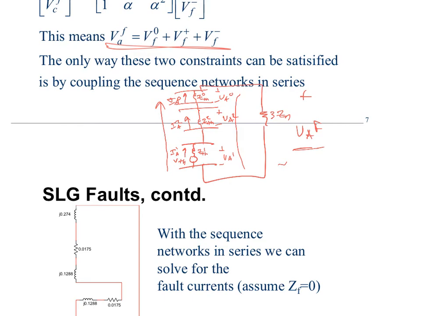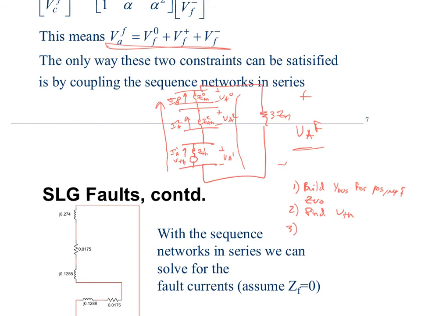We like a process, right? Step 1, build Y bus for positive, negative, and 0 sequence, right? Step 2, find V Thevenin.